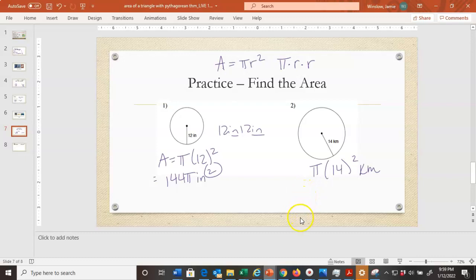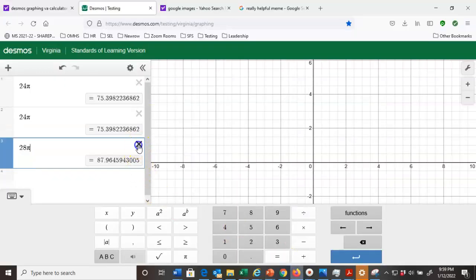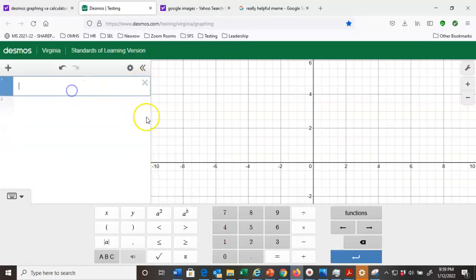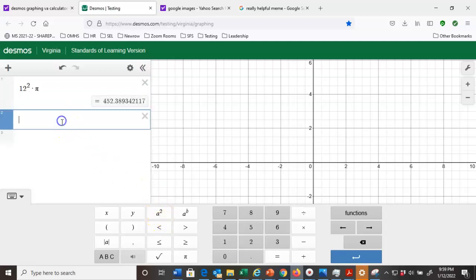Let's go to the calculator. So 12 squared times pi. You can hit this little key, times pi. That's huge. And then 14 squared times pi.